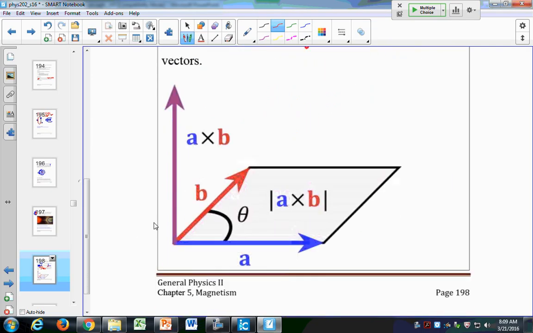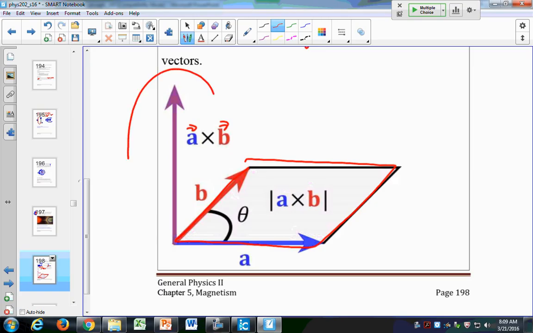So if I imagine that I have these two vectors, A and B, and I want to know the cross product of A and B, then the magnitude of it is just going to be the area of this parallelogram that's traced out by the two vectors.